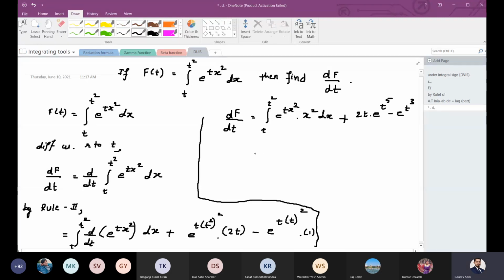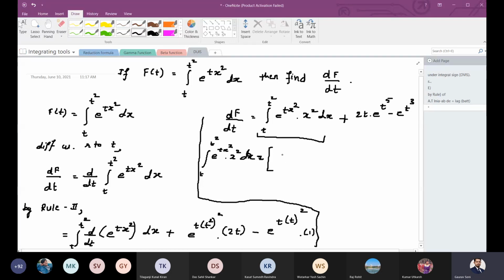What about the first term? Integration of e to the power tx square into x square dx. We'll have to use the UV rule. I'll use the generalized UV rule over here.